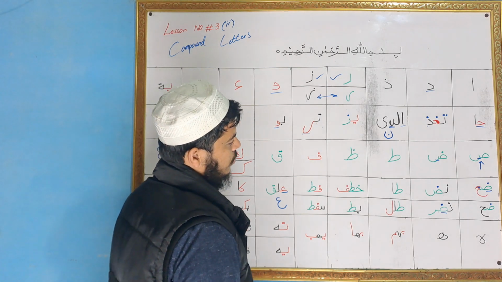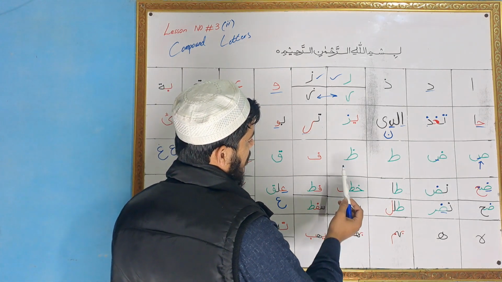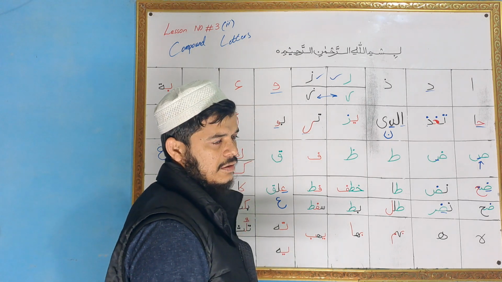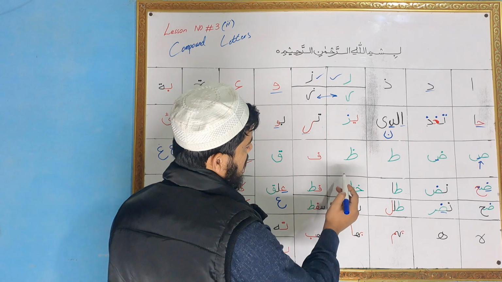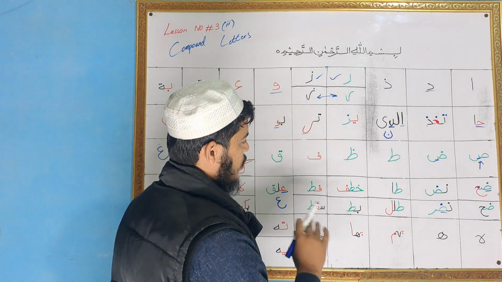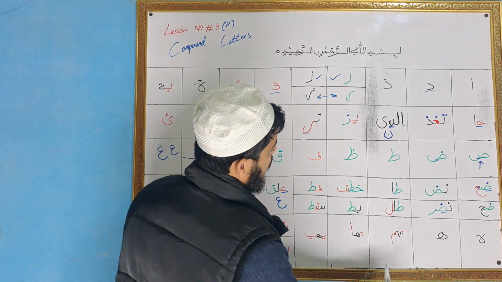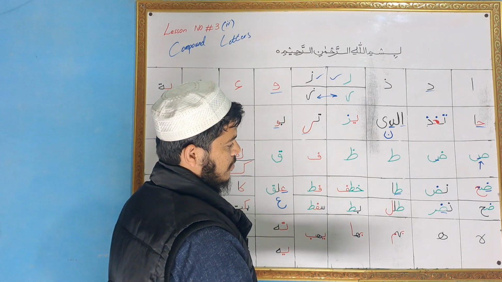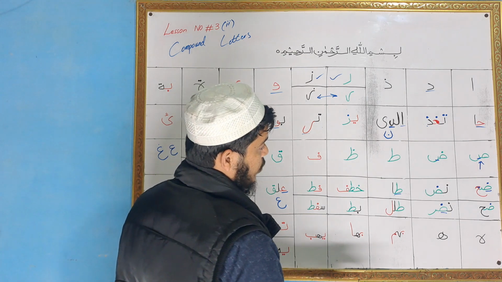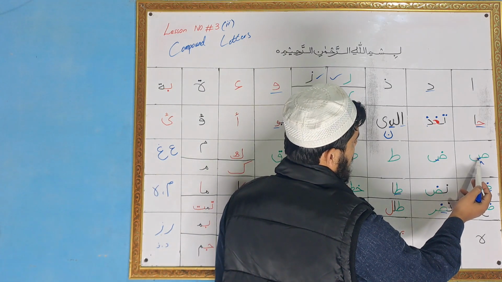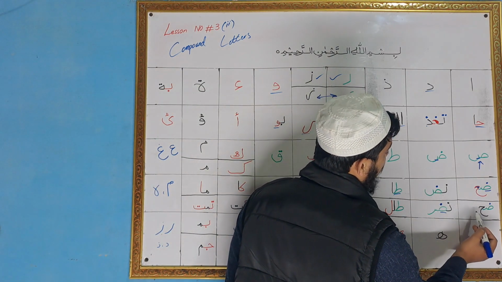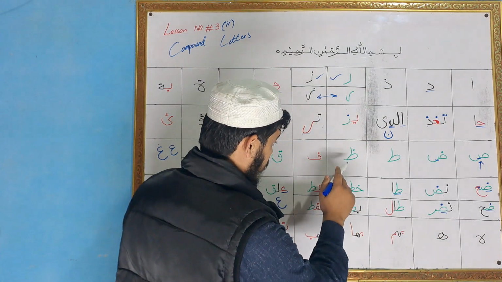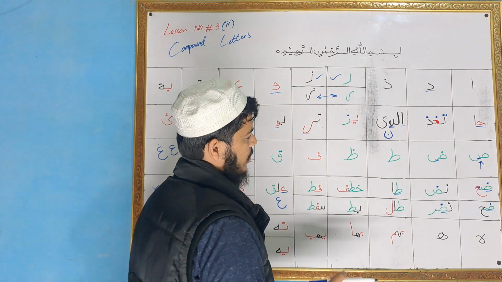Now we go to the letters Ta and Za. Ta and Za will have exactly the same shape as their original letter, no difference at all. As a first letter, even as a middle letter, mostly the part of the letter is used, not the whole letter, but Ta will be used as it is.